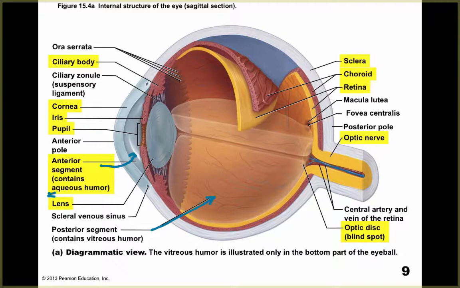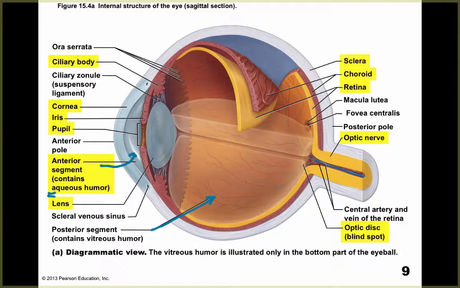In the front, the aqueous humor is mostly water, but it also has enzymes, electrolytes and glucose that help to nourish the eye in the areas that are avascular, and it helps to maintain eye pressure. If it can't drain right, it can lead to glaucoma, and this essentially leads to blindness because the increased pressure in the eye causes compression of the retina and the optic nerve.